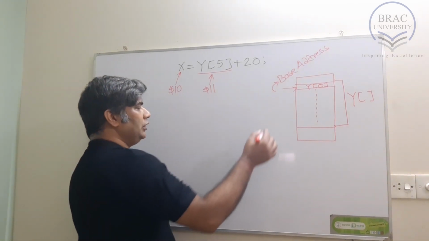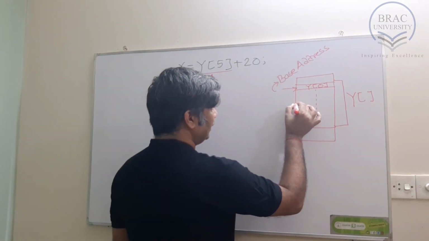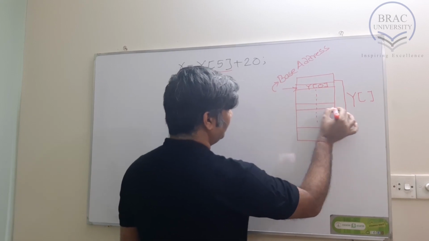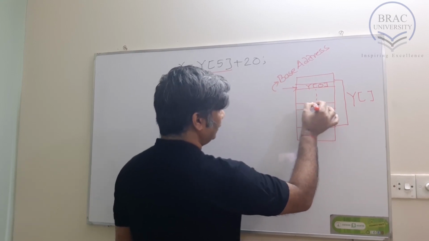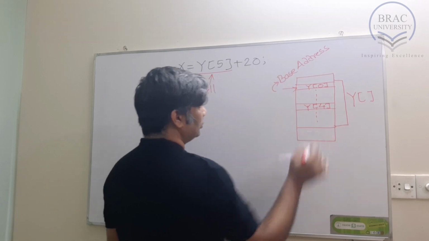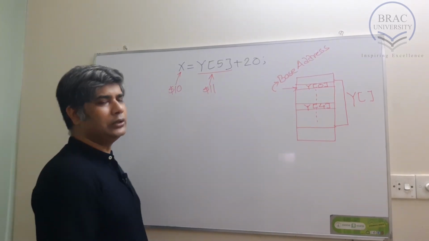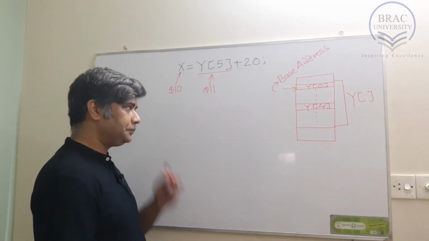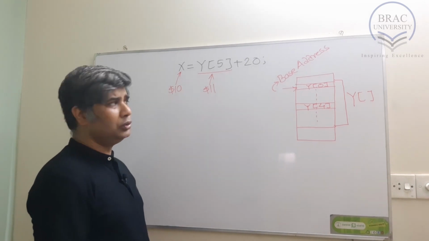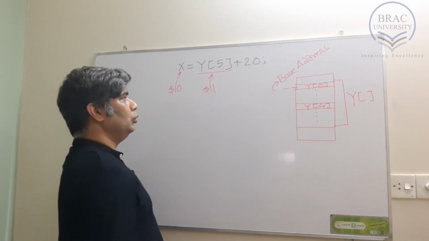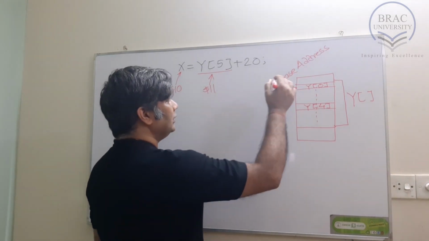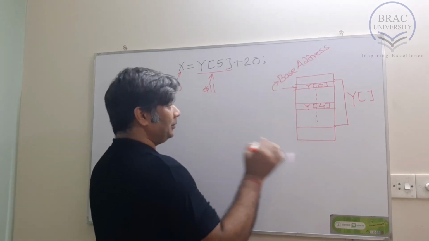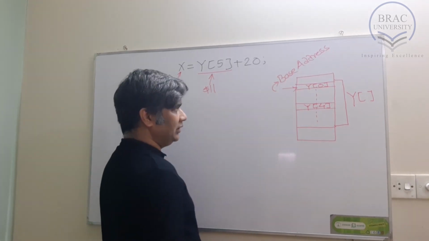Let's say we need to find the address of y[4]. How can we do that? To do that, we need to know what the base address is, that means the starting address of this array.